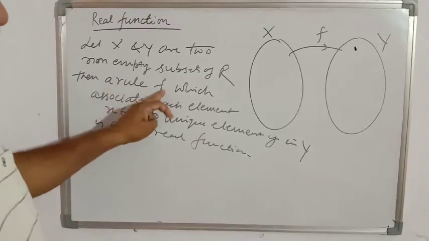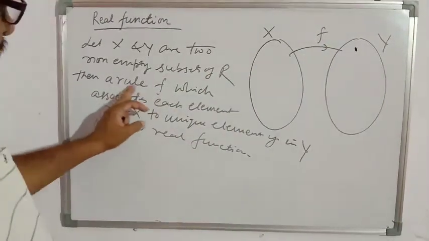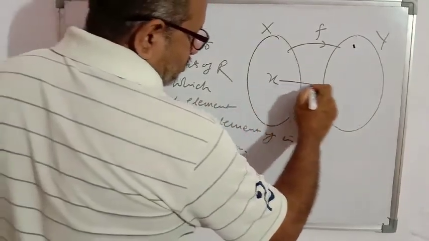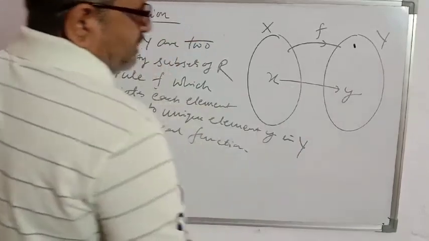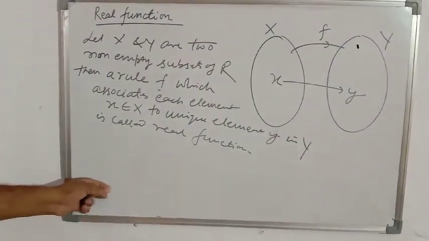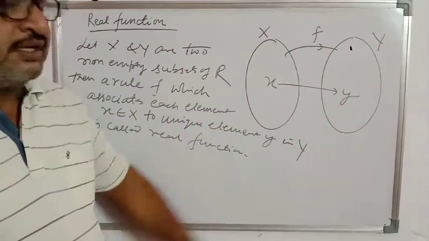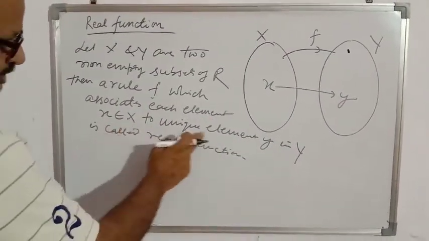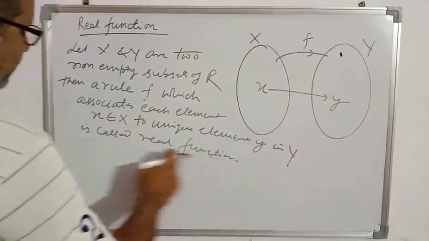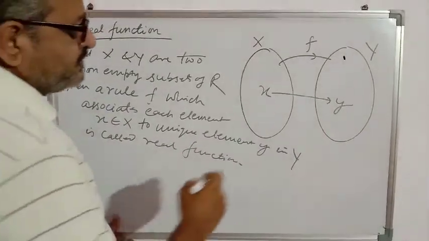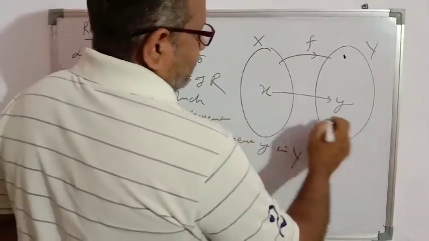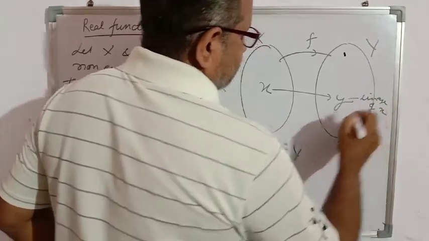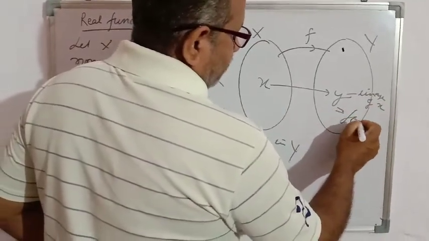Then a rule f, that is a function f, which associates each element x belonging to x to a unique element y in y, is called a real function. y is called the image of x. We can also write y as f(x).